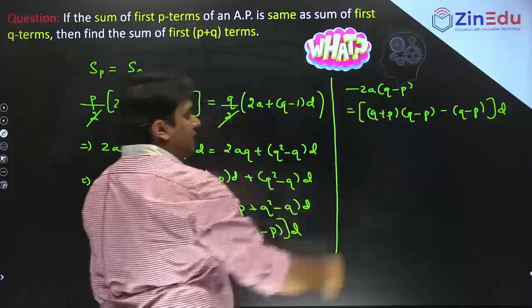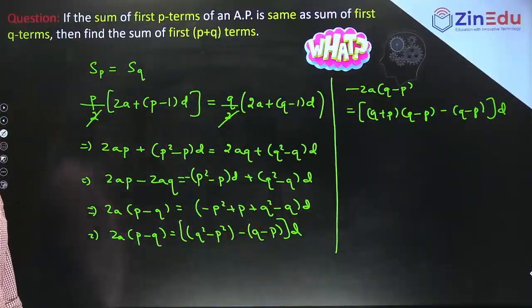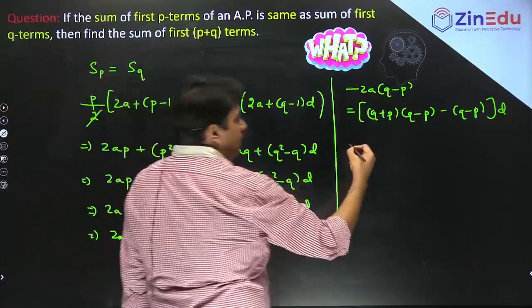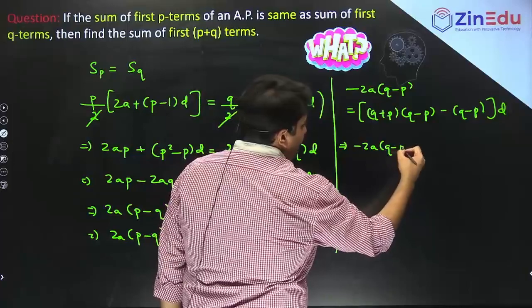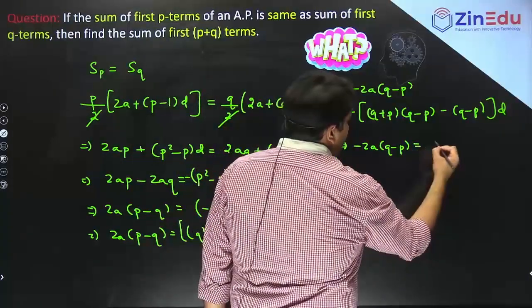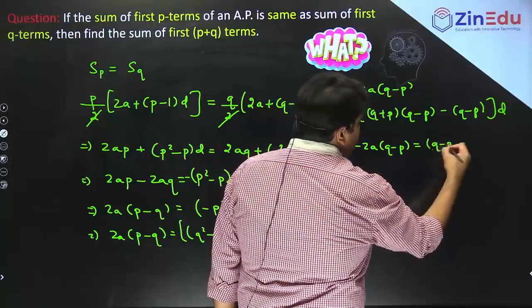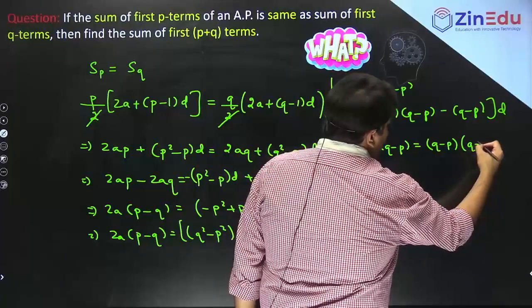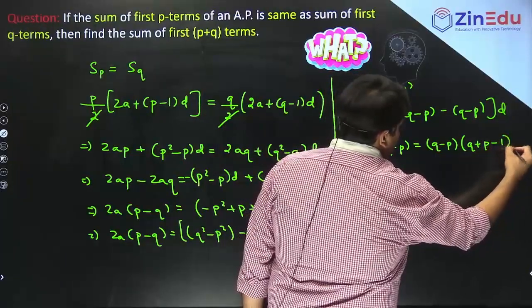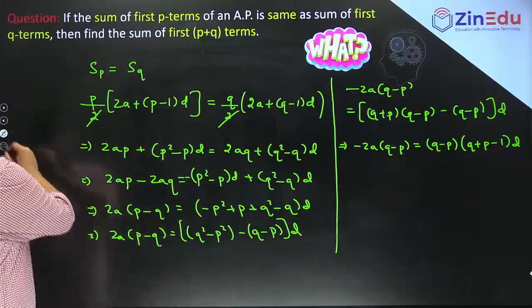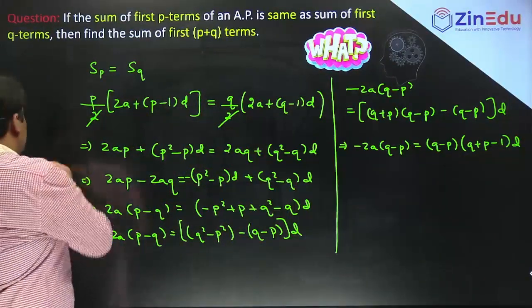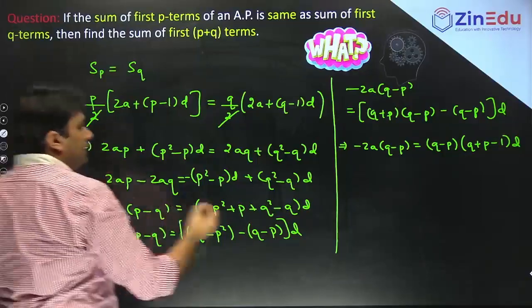So from the RHS part, can I take q minus p common? From the RHS part, I can take q minus p common. So we will have 2a into q minus p on the LHS part, with q minus p in the RHS part with q plus p minus 1 into d, right? So now we can cancel out q minus p.